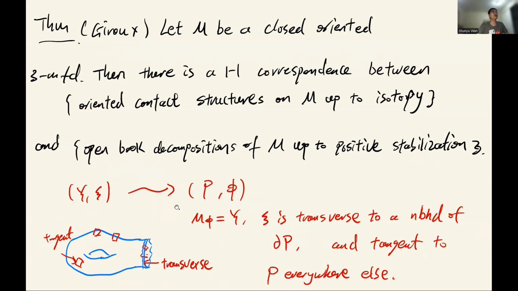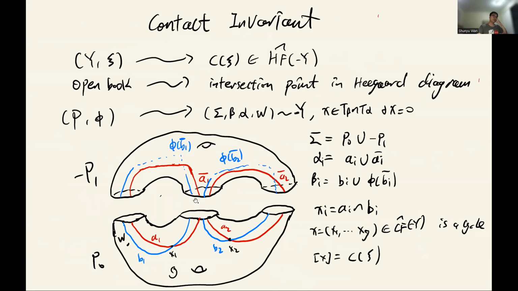So using this open book, we can construct a contact invariant in Heegaard Floer homology. And here's the idea. For the contact invariant, we want to associate a contact structure (Y, ξ) to an invariant living in the Heegaard Floer homology of -Y, and we'll see why we want the -Y in a second.